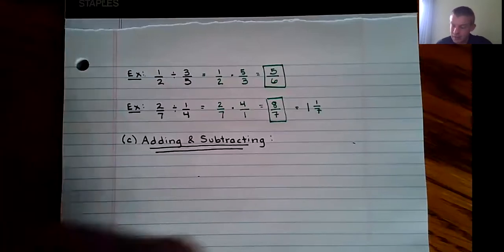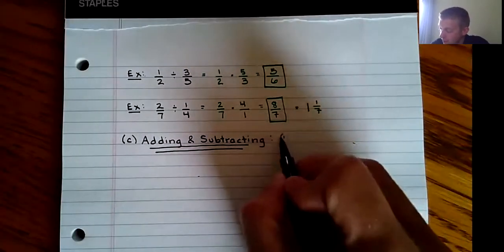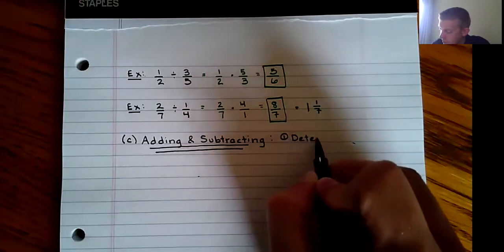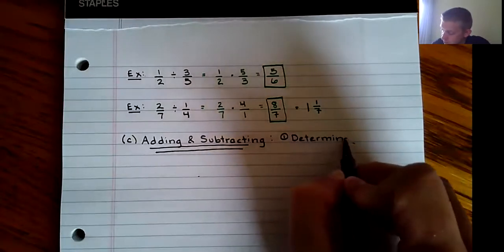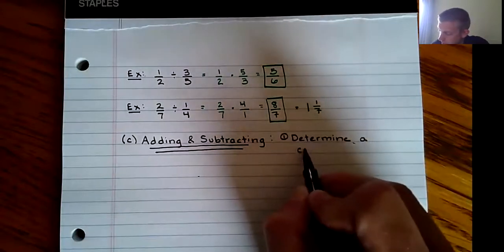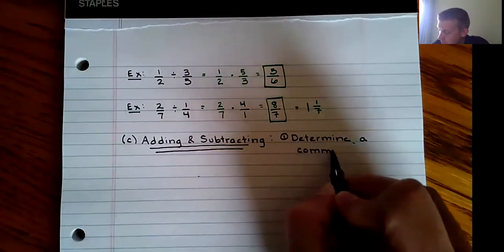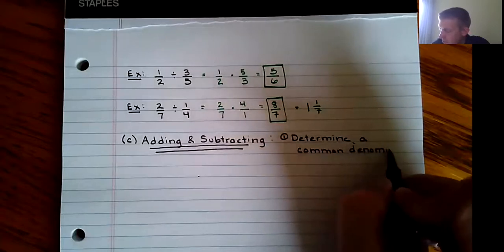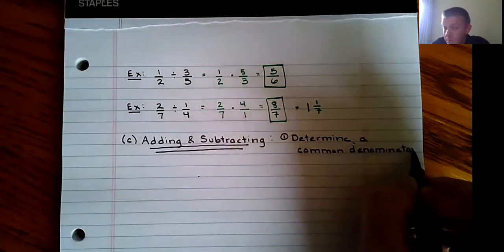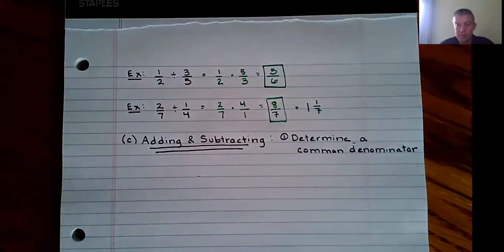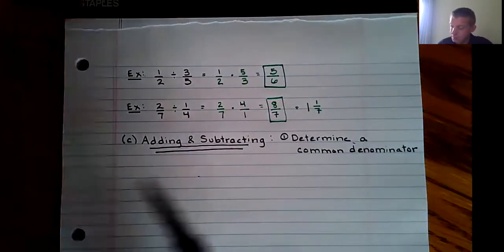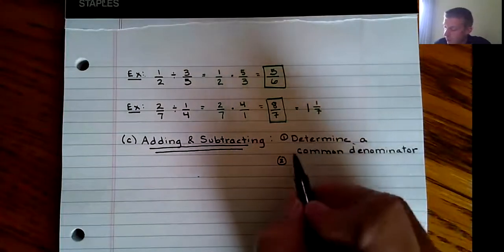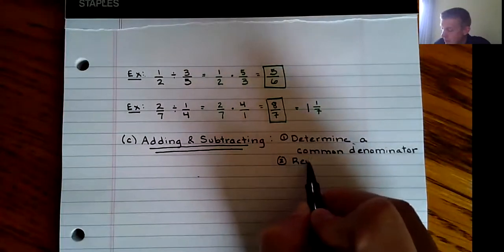Common denominators, right? So first step is to determine a common denominator. Okay, we'll talk about what this is in a second with an example. After you do that, you're going to rewrite both fractions with that common denominator.